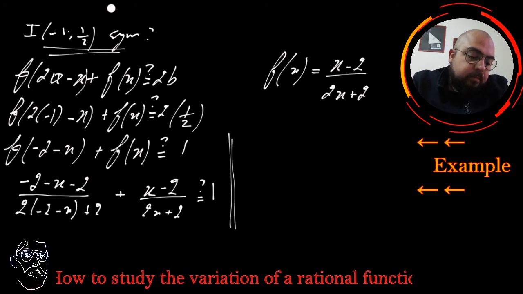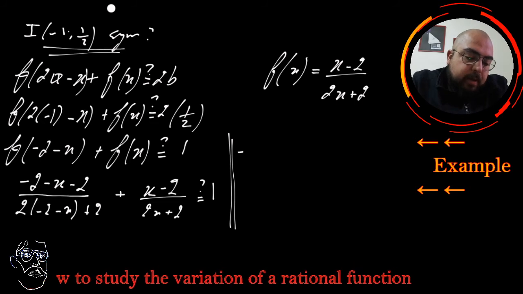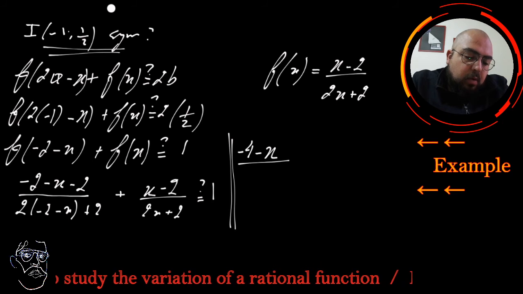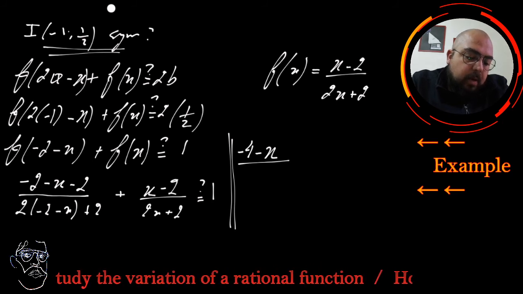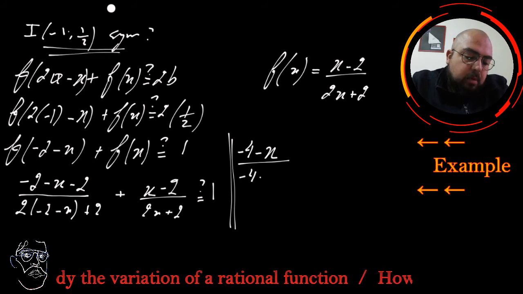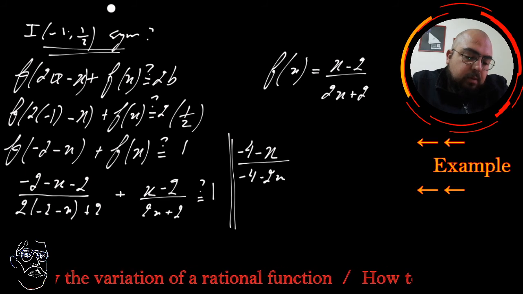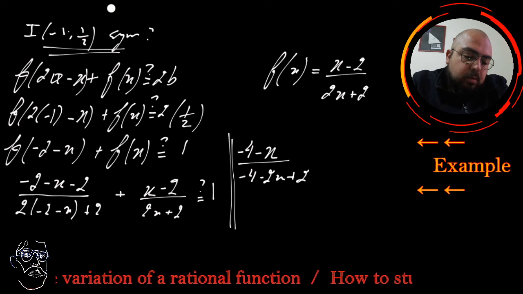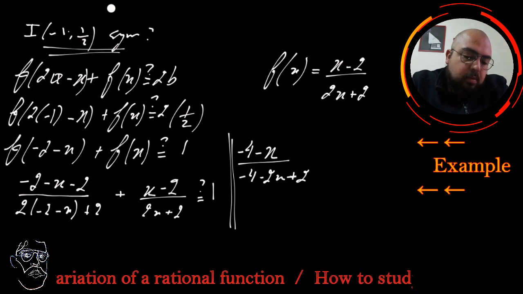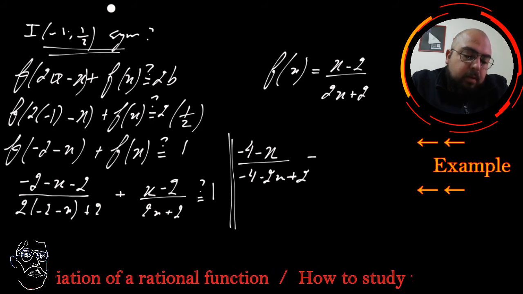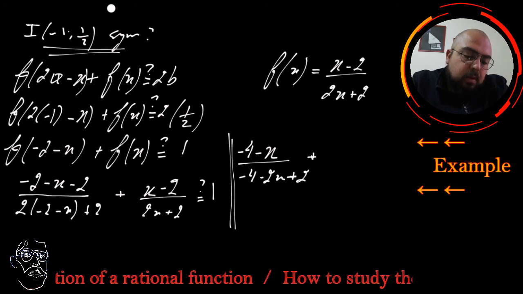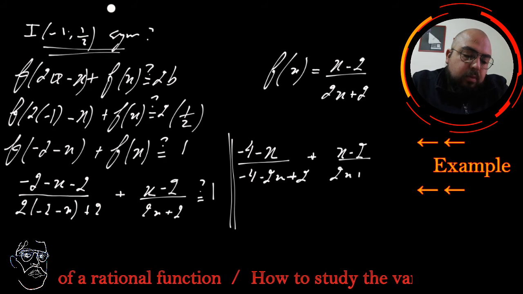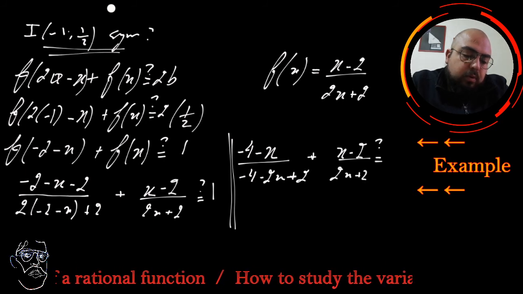So I will have minus 4 minus x over minus 4 minus 2x plus 2, plus x minus 2 over 2x plus 2, is it equal to 1?